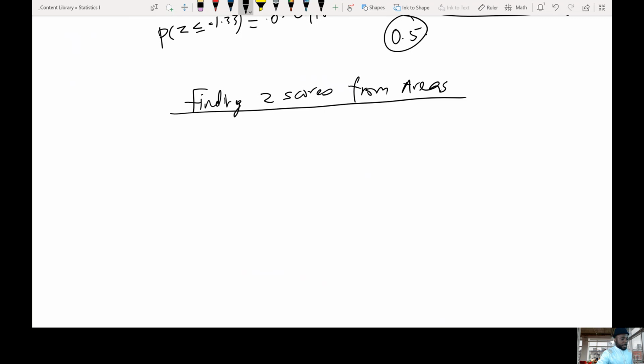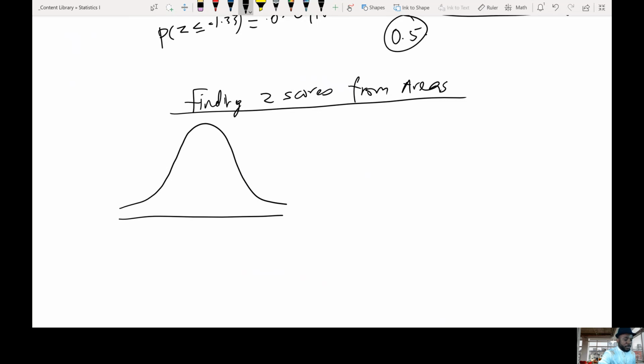So let's look at this example here. The first thing you do is draw the picture, which is the distribution. And then you use a table or the calculator or Minitab in reverse. So I'll do this a little bit quickly.